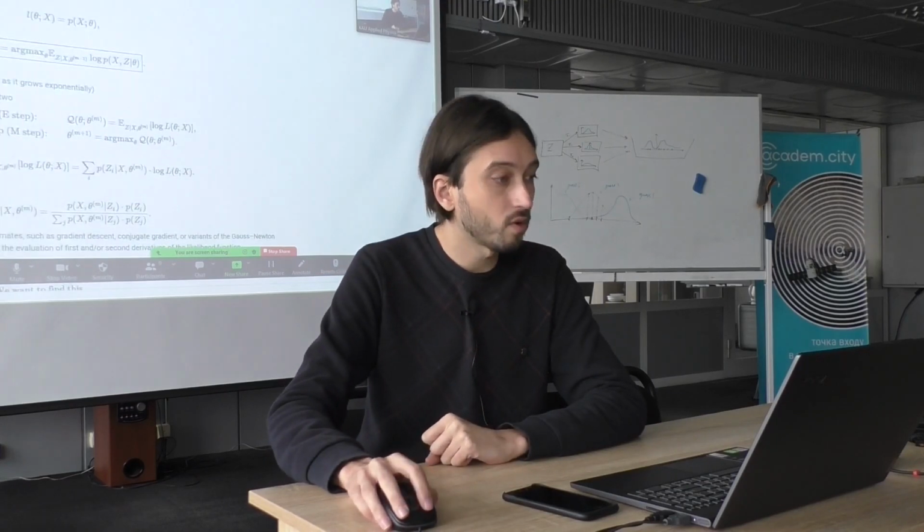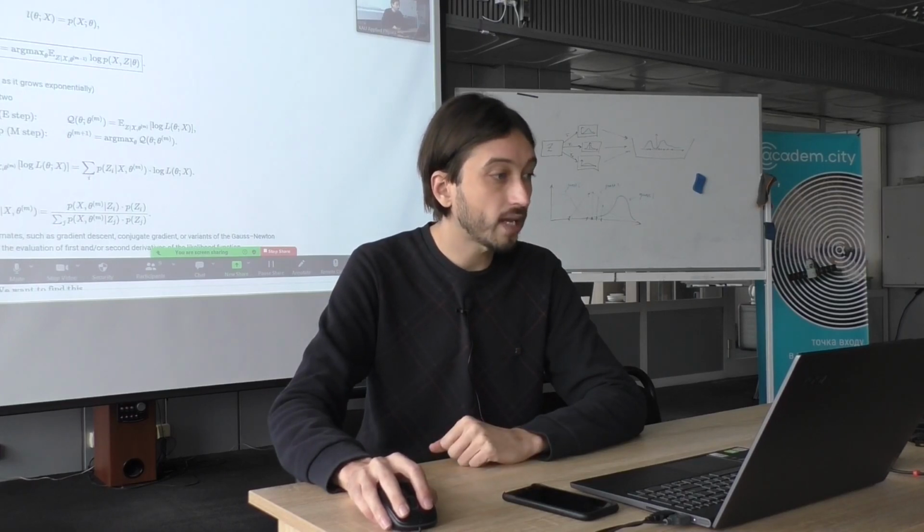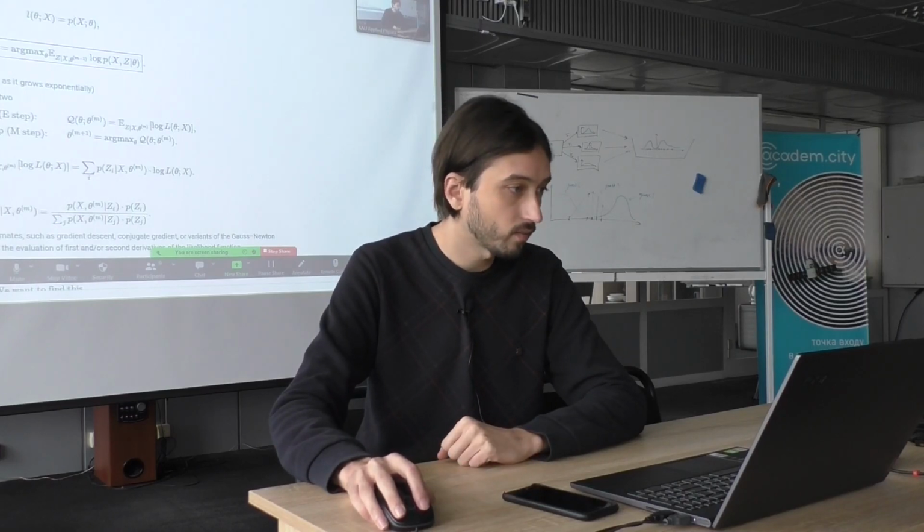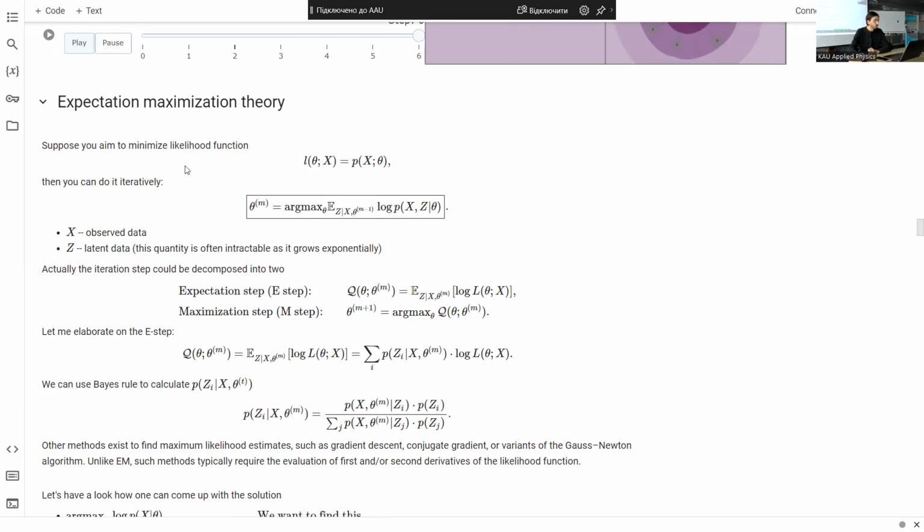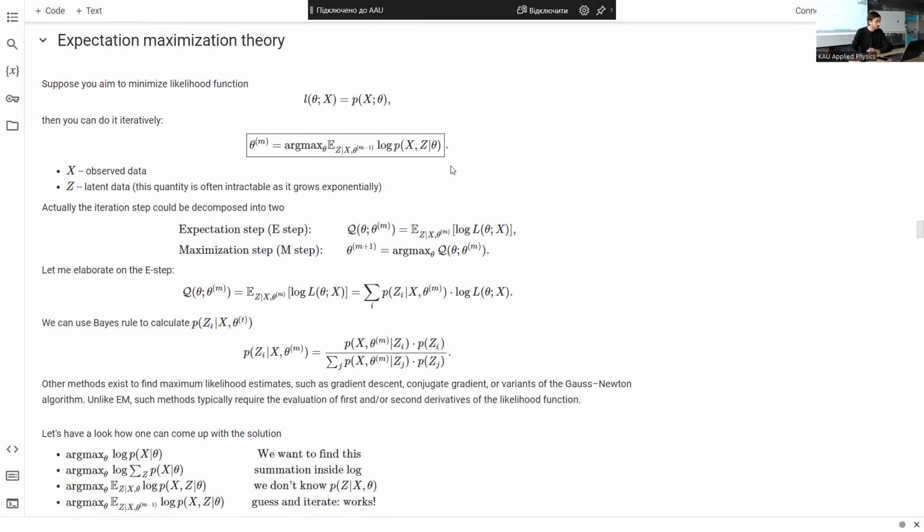So one more approach to understanding what we are doing in that GMM is the so-called expectation maximization theory. Suppose you aim to maximize a likelihood function like this, L(theta, x). So you have a data set, you have some parameters theta, and so on. Then you can proceed iteratively.